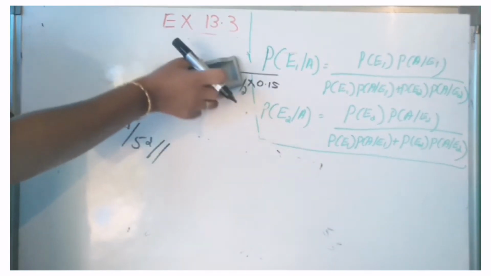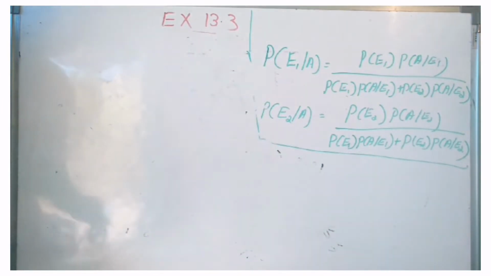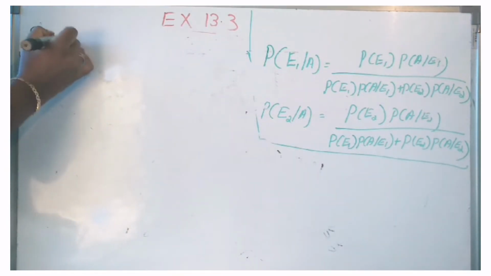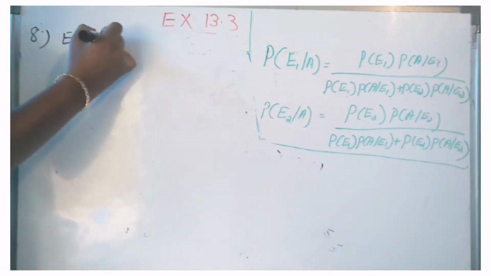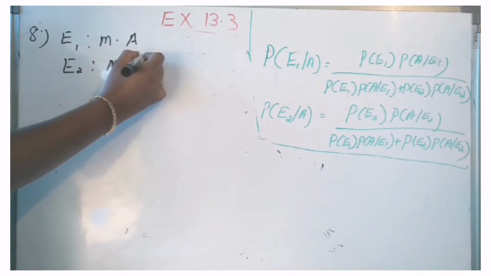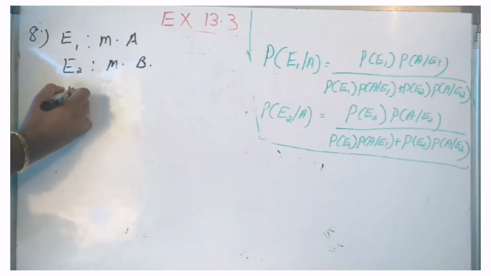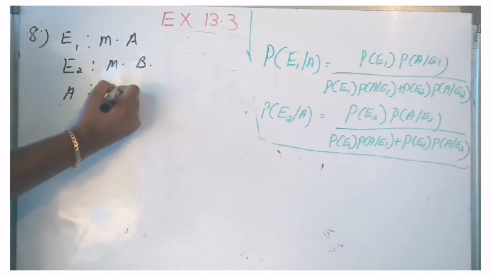In this case, we have two events, E1 and E2. Let E1 be the event that the item drawn is produced by machine A, and E2 be the event that the item drawn is produced by machine B. Then A be the event that the item drawn is defective.